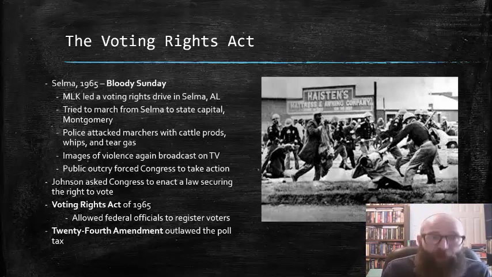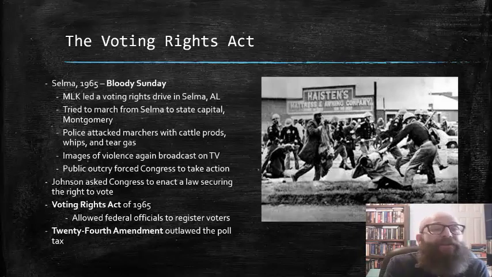Police met them along the way and attacked the marchers with cattle prods, whips, tear gas, and other violent acts towards these protesters. Once again, as before in Birmingham and other situations, the images of the violence that the authorities inflicted upon these protesters was broadcast on television, which led to another public outcry, which forced Congress to take action.